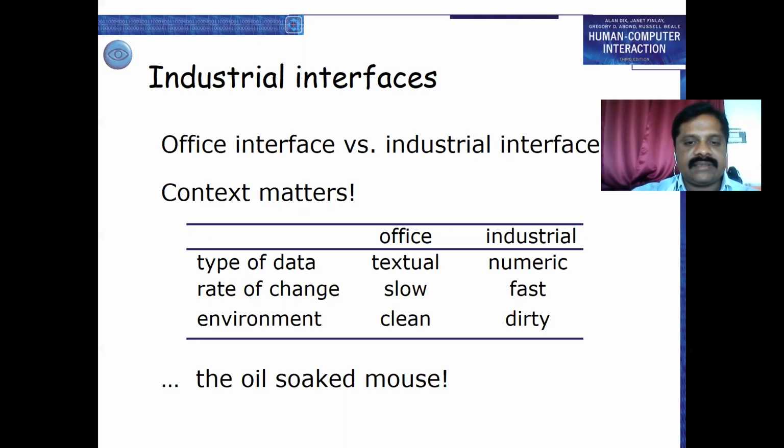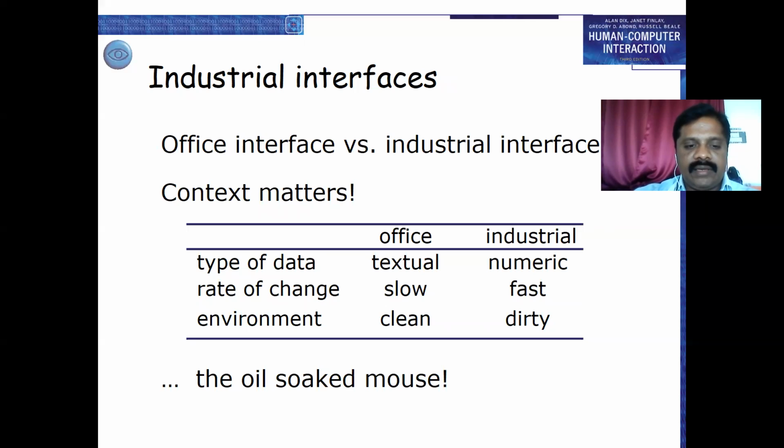Industrial interface. Here we need to compare office interface and industrial interface. For this we take three key points: type of data, rate of change, and environment. These are the three key points for comparing an office interface and an industrial interface.